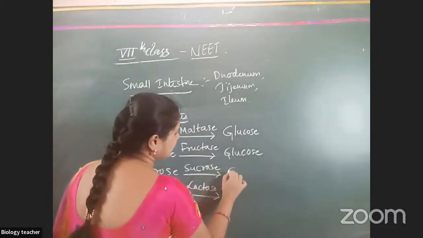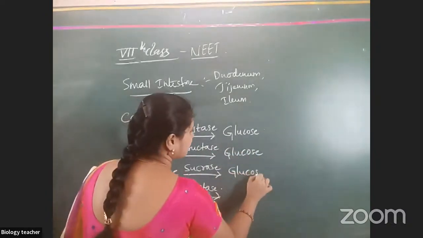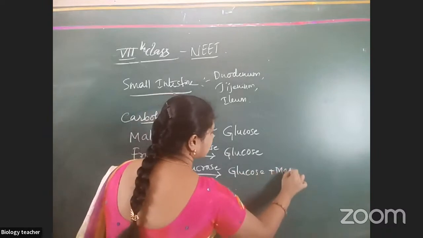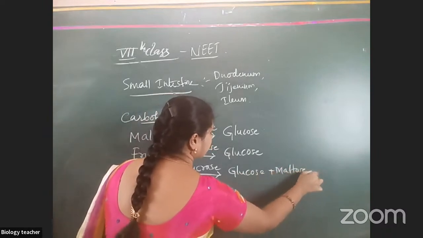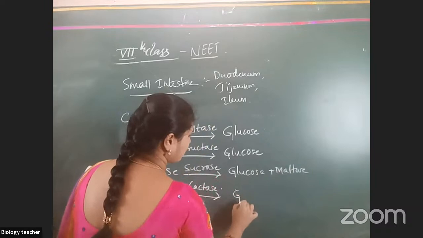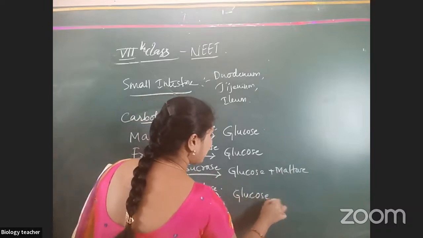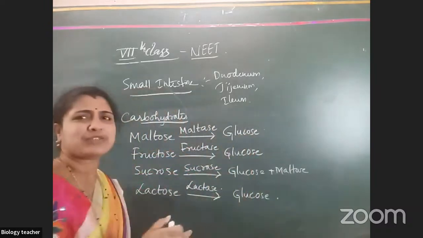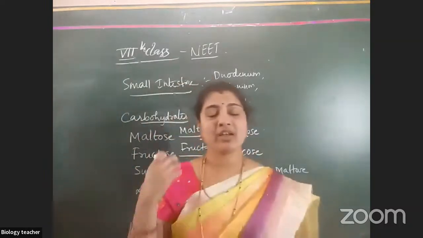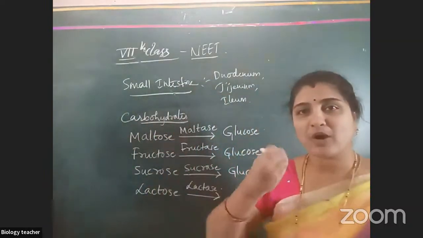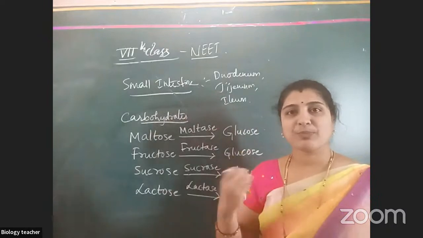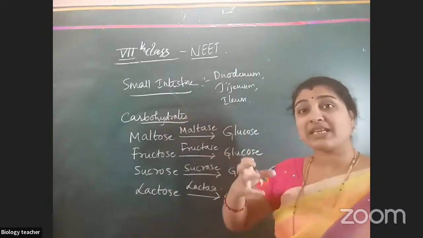Next, sucrose will be changed to glucose plus fructose. Next, glucose. Glucose means what? Energy. In games, the glucose powder is given to the sportsman, right? So glucose gives energy.